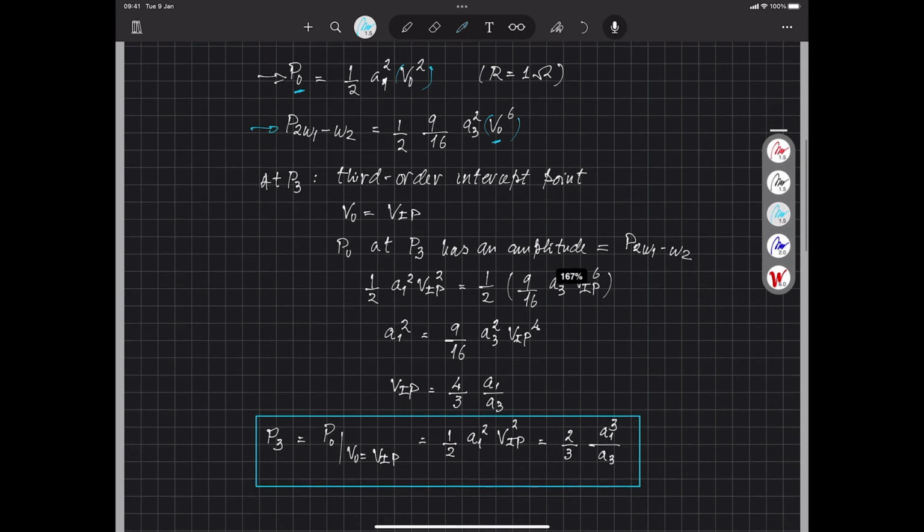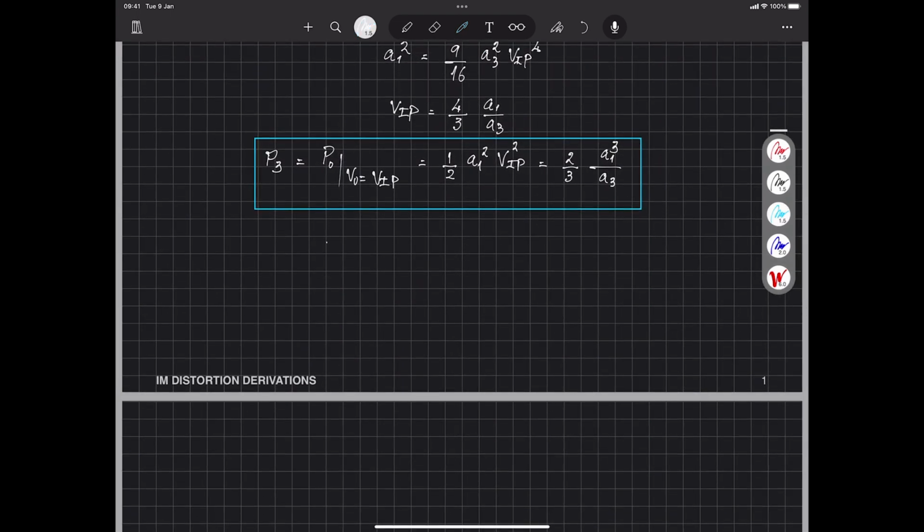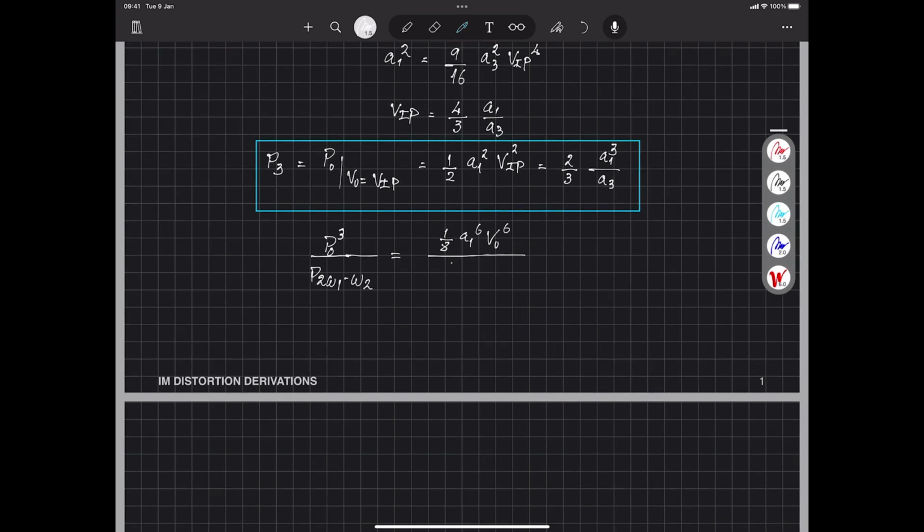So if we take P naught to the power of 3 over P omega 1 minus omega 2, this gives us 1 over 8 A1 to the 6 V amplitude to the 6 over 9 over 32 times A3 squared V to the 6.